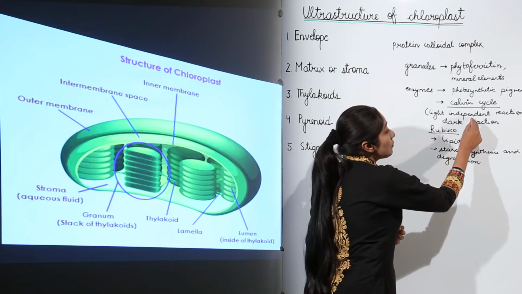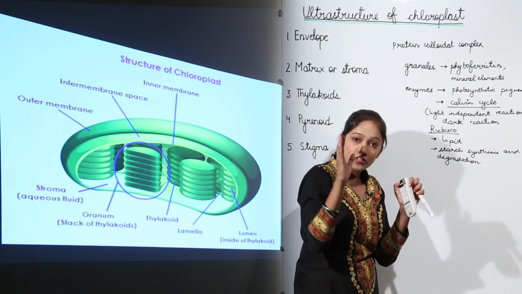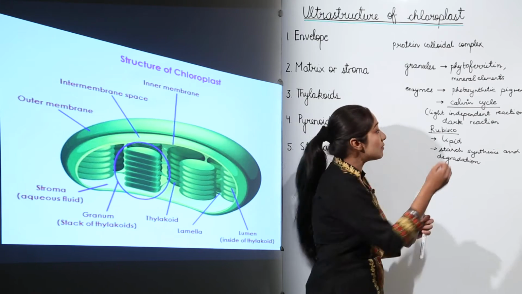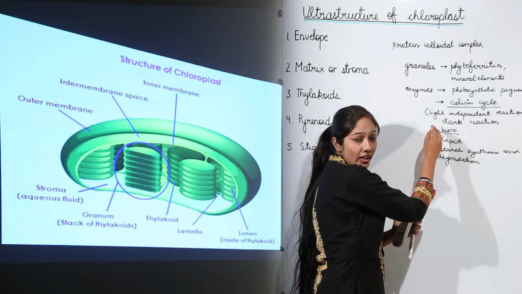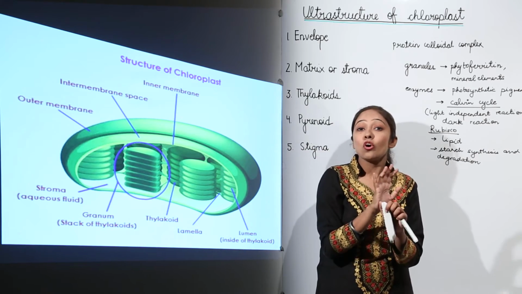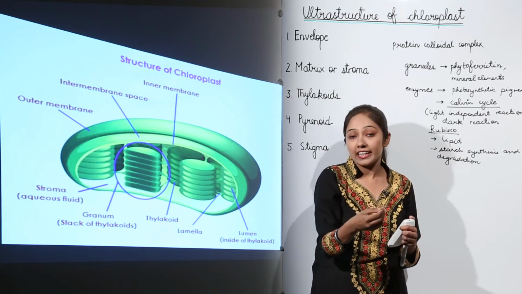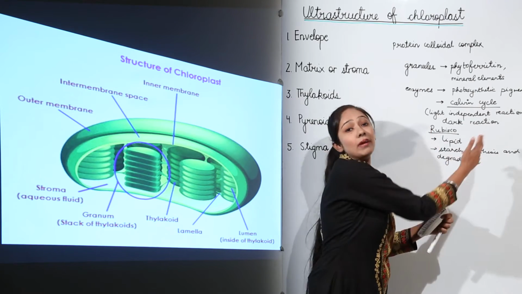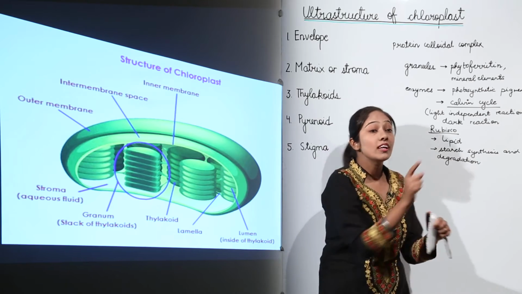In this light independent reaction, just remember that food is also manufactured independent of light. It is not that plants do not need light; it is better to call it light independent.